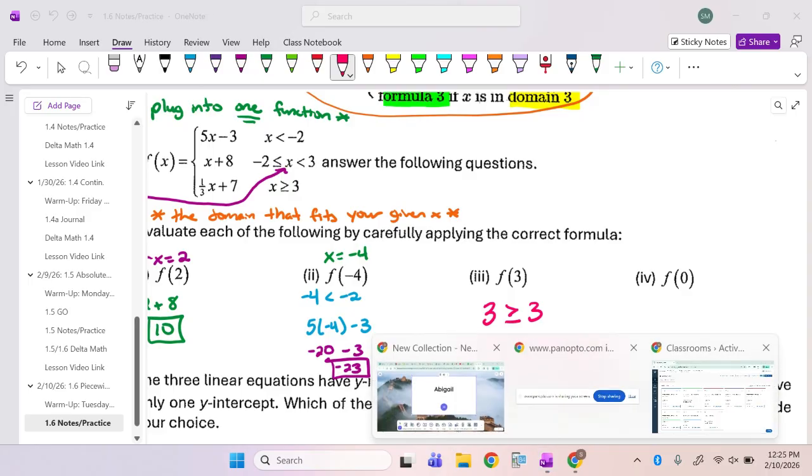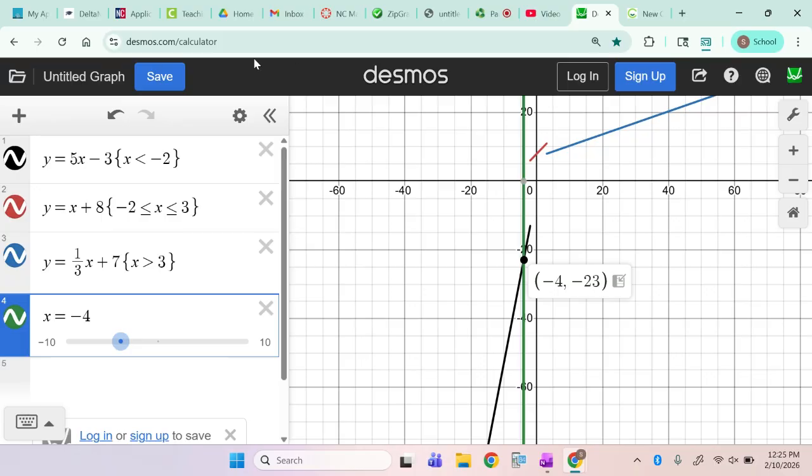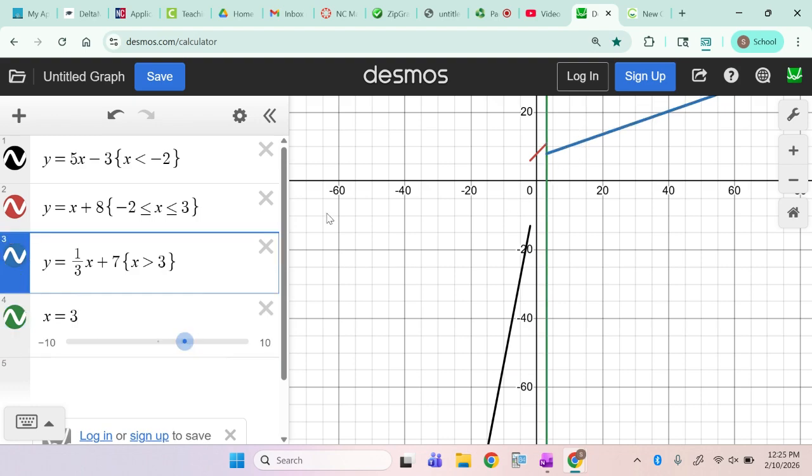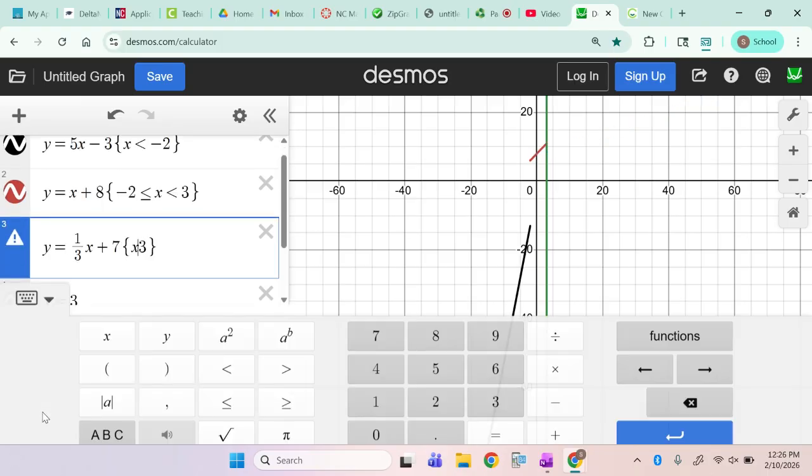If you want to check it in Desmos, x equals 3. All right. Oh, I have it in wrong. That should be greater than or equal to.